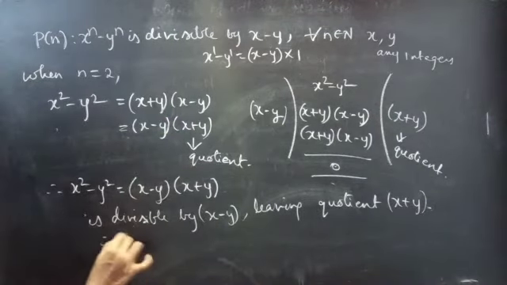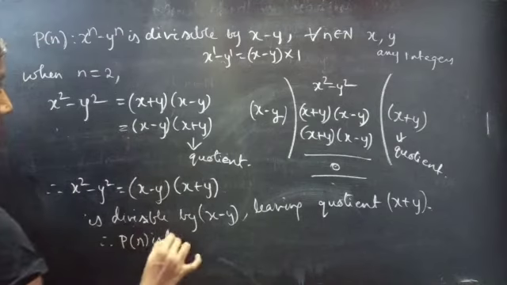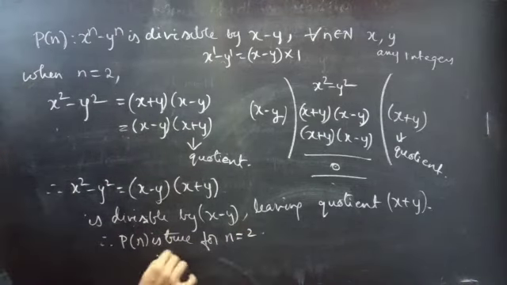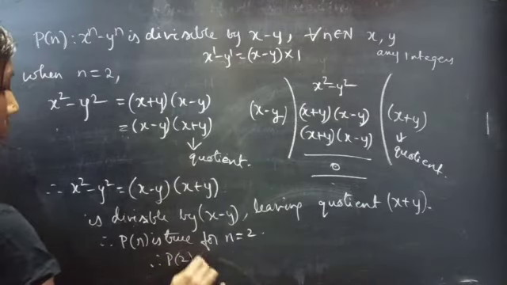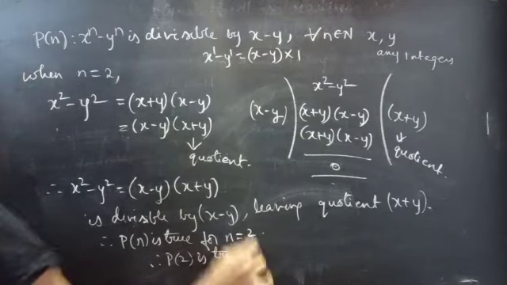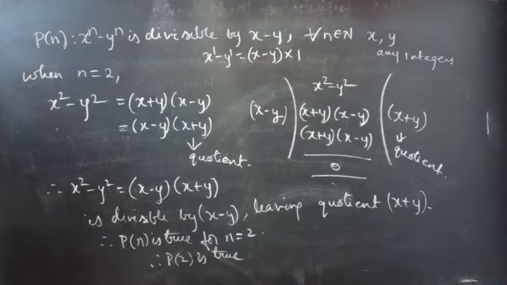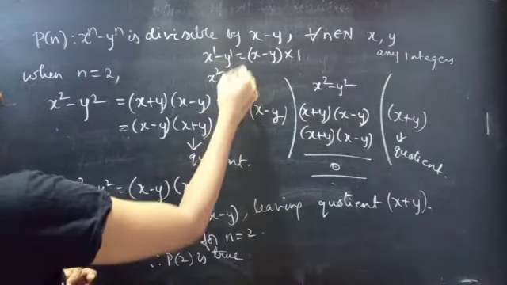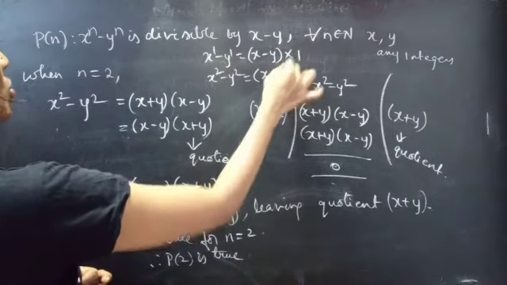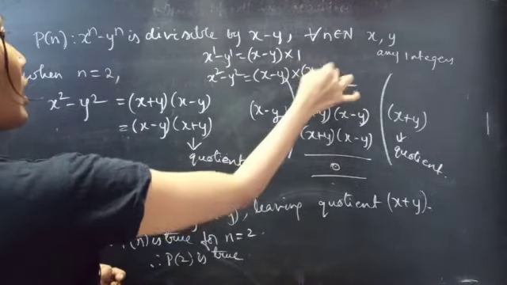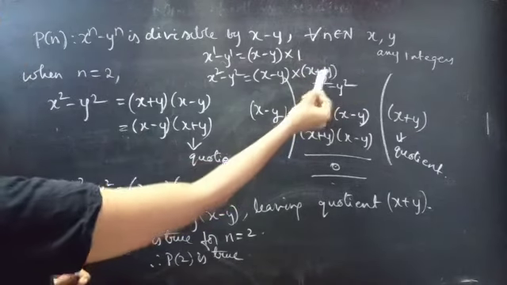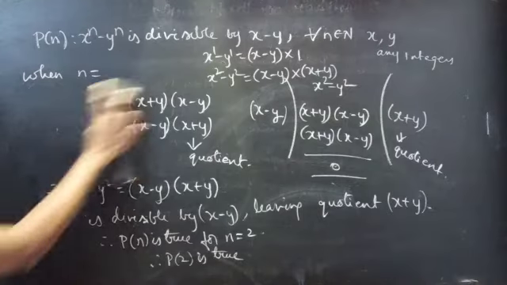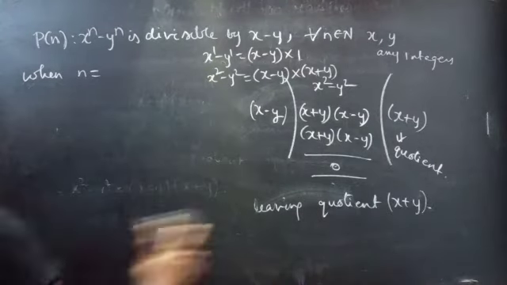From this we can say that P of n is true for n equals to 2. Therefore, P of 2 is true, right? This is multiple of x minus y. We have x square minus y square equals to x minus y into x plus y. Here 1 is a quotient and x plus y is also a quotient, right? Now we'll see for n equals to 3.